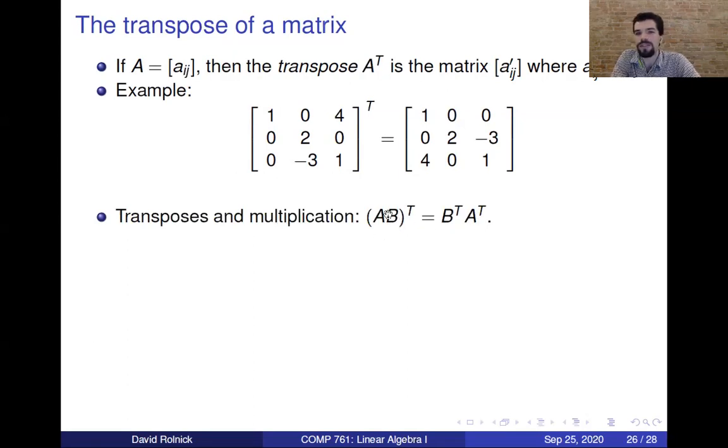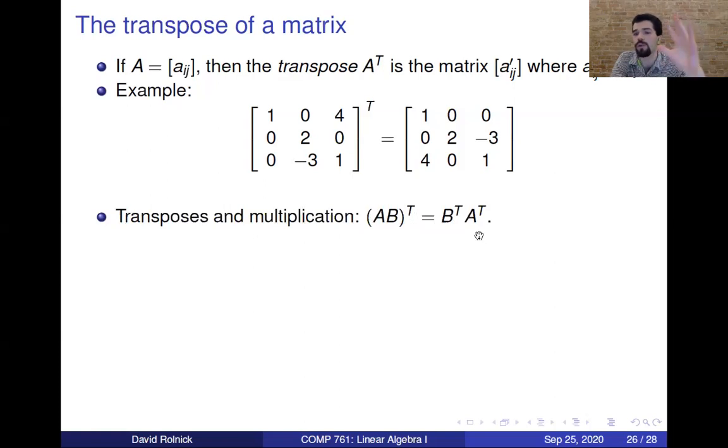Well, if you tried to take the transposes without changing the order, then again, these matrices might not have matching dimensions. M by n, n by p. If you transpose both of them, you have n by m and p by n, and that wouldn't work. But if you reorder them, then you have p by n and n by m, and they can multiply.